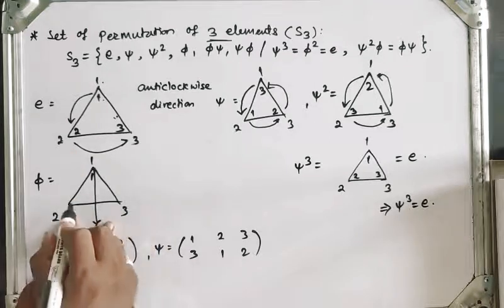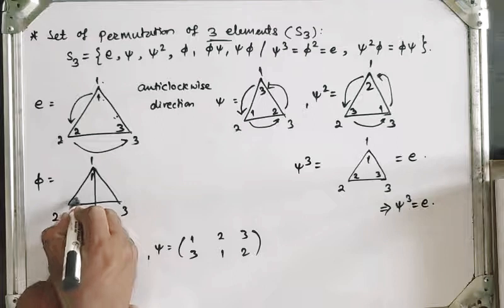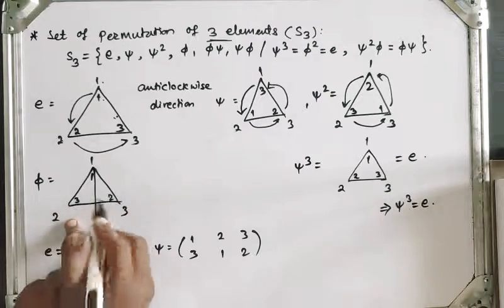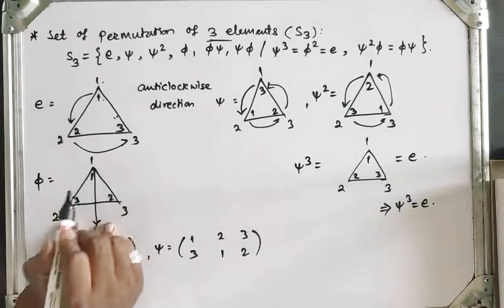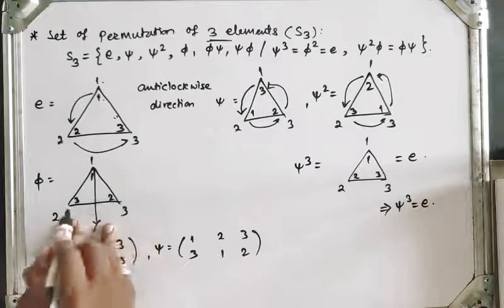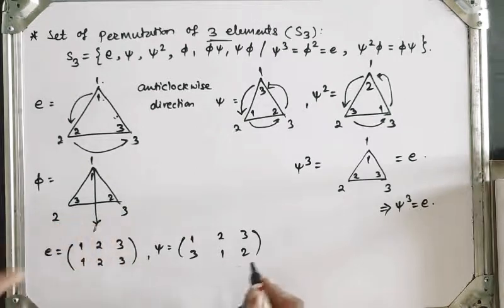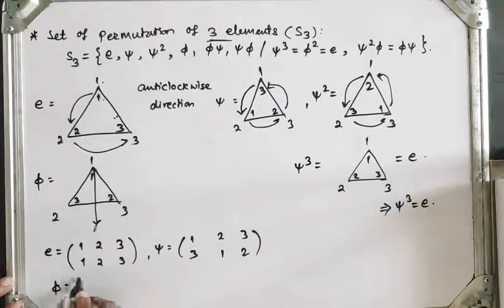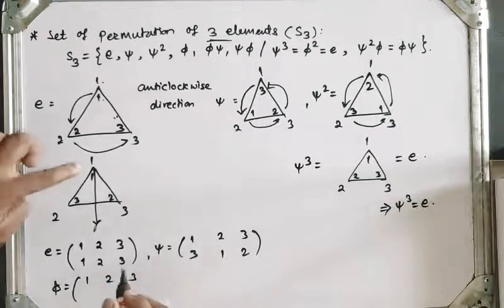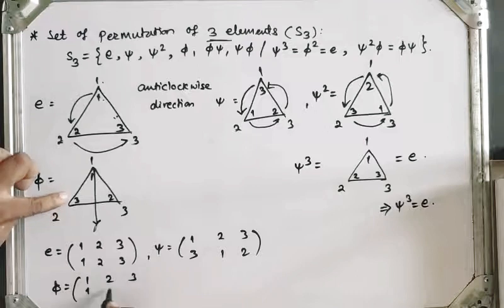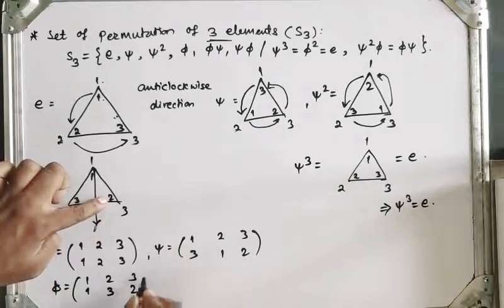After interchanging these two elements, 3 goes here and 2 goes here. So phi is 1, 2, 3, where 1 goes to 1, 2 goes to 3, and 3 goes to 2.